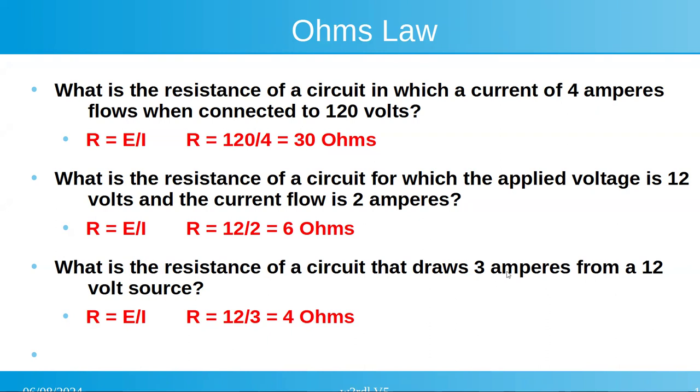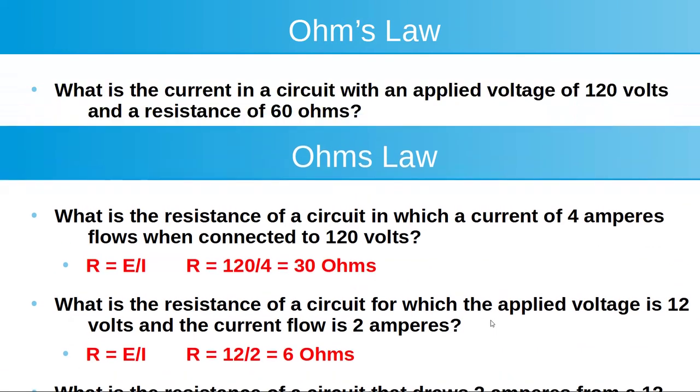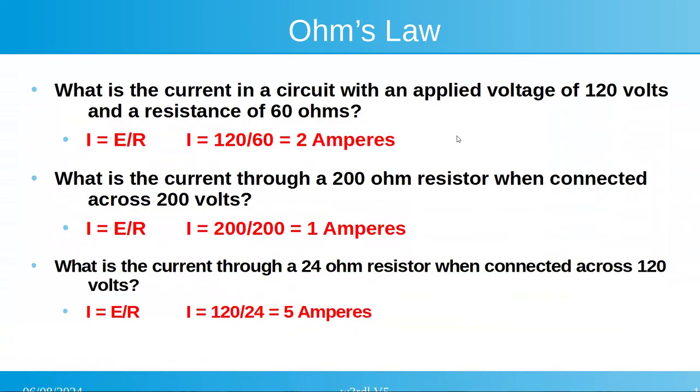And here we got 3 amps and a 12-volt source. So it must be 4 ohms. So what's the current if we have 120 volts and a resistance of 60 ohms? So I would equal E over R. You got 120 divided by 60 ohms.